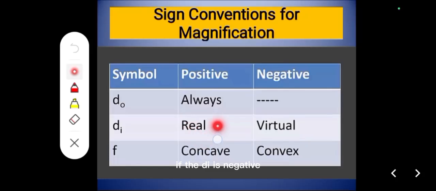If the di is negative, that means behind the mirror, which means a virtual image. And a positive focal length means a concave mirror, and a negative focal length means a convex mirror. We'll get to know more about the convex mirror as we progress with our lesson. I am just presenting to you the concave mirror.